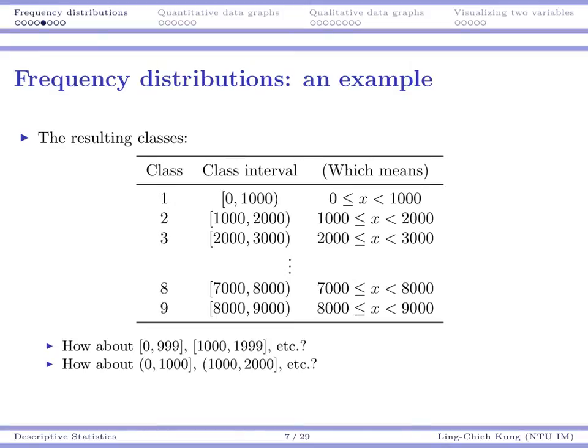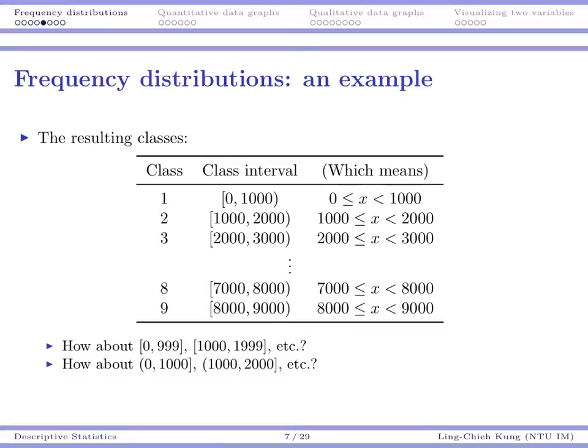So when you describe your first interval as an open set at the right hand side, then the second interval must include the left endpoint, which is 1000.